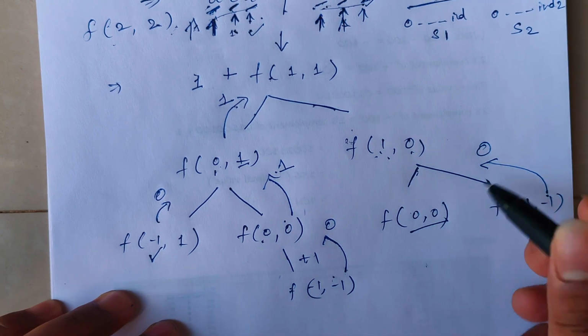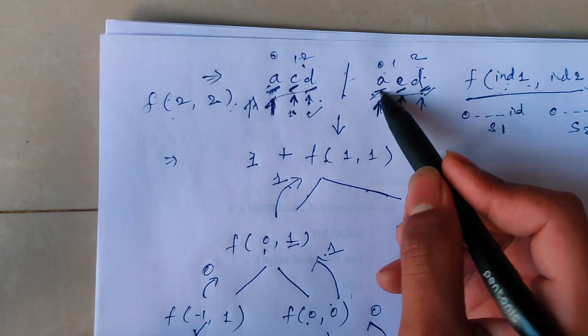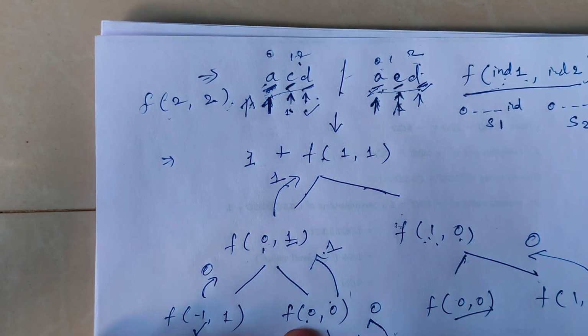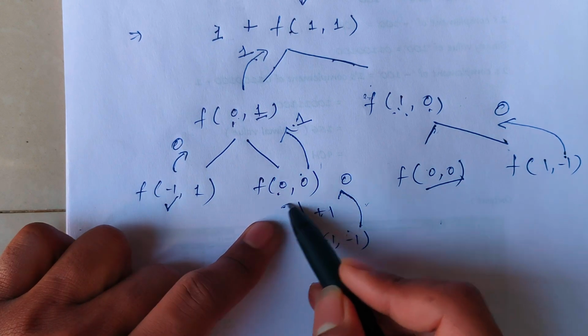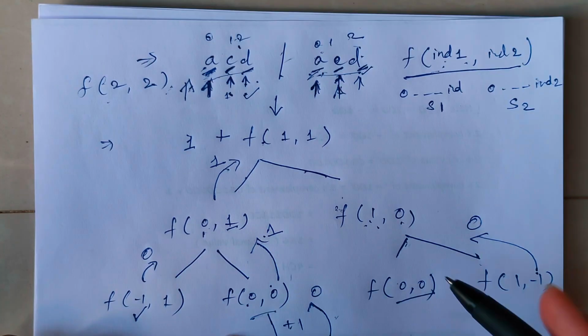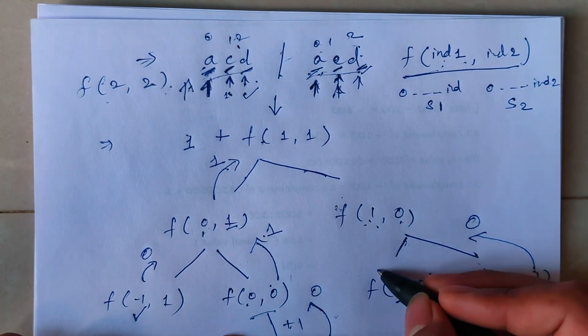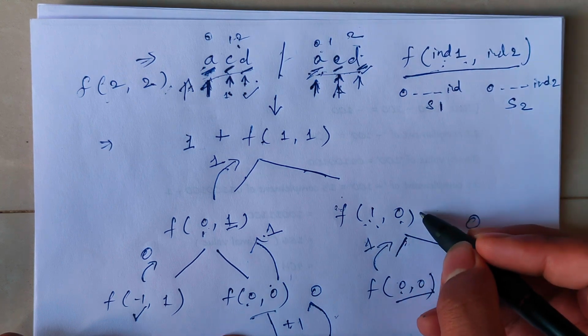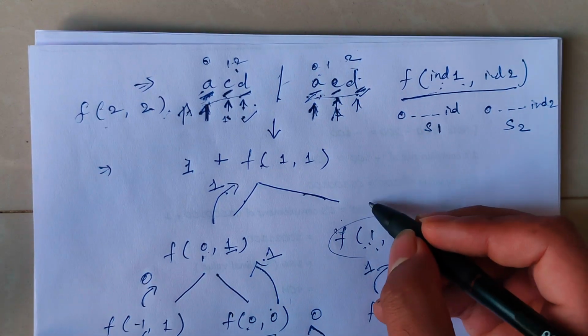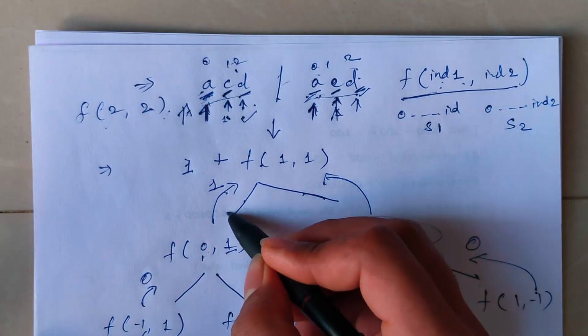There is no other string left. And f of 0 0 means A, which also came here, you can see that. So 0 0 would return 1, so this method would return 1. This also returned 1.